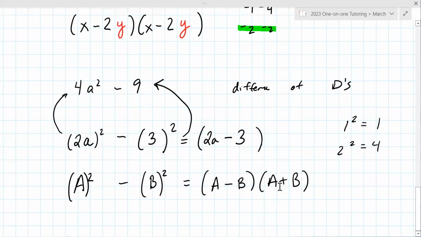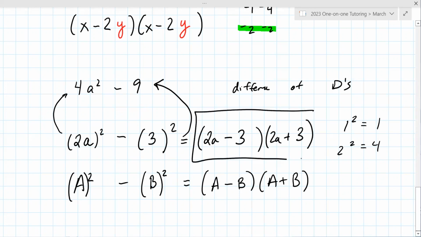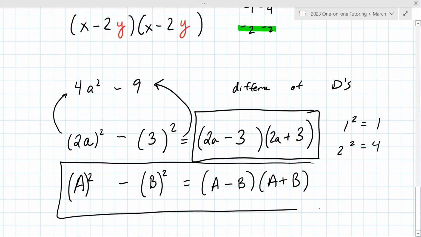You probably have seen this before. So we would have this. This is the answer. What's below it is the formula that you need to write down or have known for other problems.